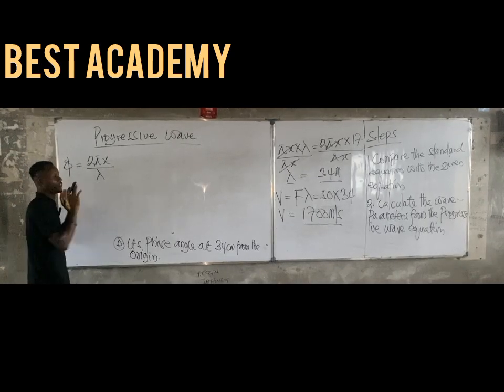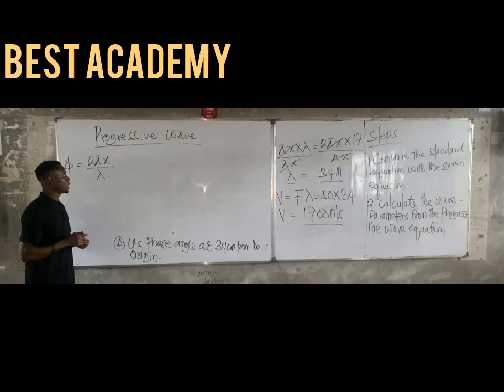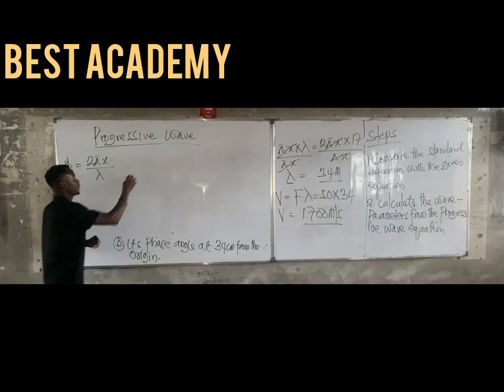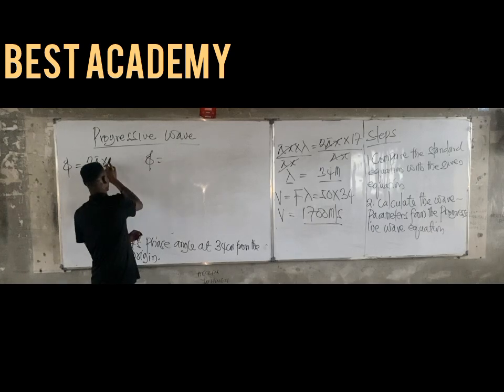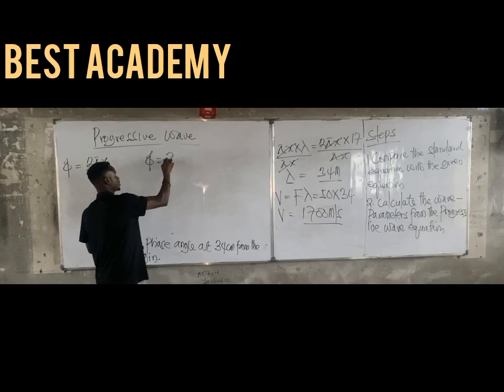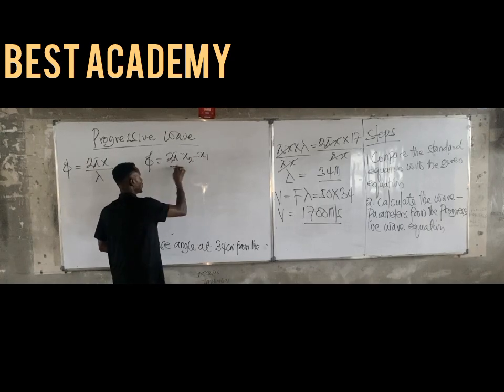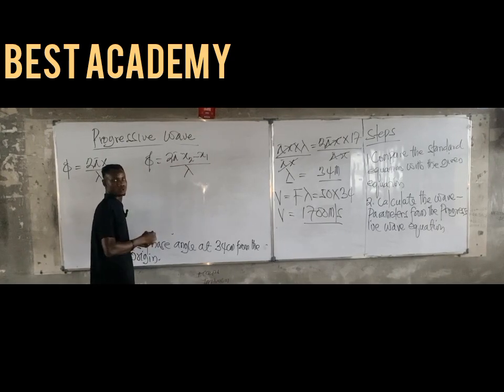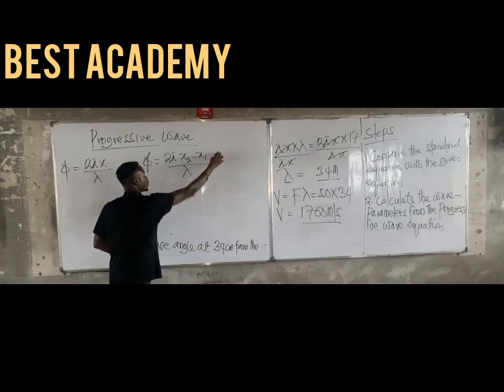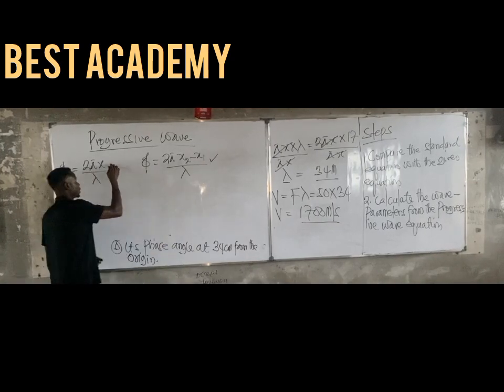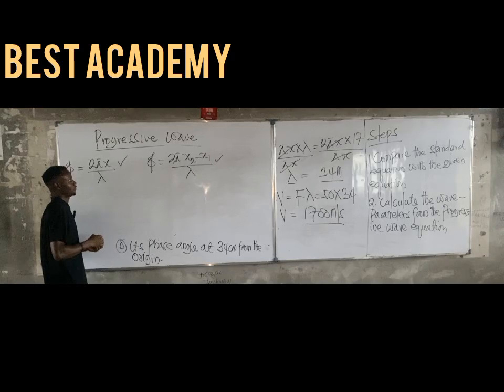But remember that phase angle, okay, let me try to hit on this. Phase angle and phase difference are not the same. When we are talking about phase difference here, phase difference is the difference in the distance here. That is 2 pi times x2 minus x1 over lambda. Please take note. So this one here is what we call phase difference. This one here is what we call phase angle.